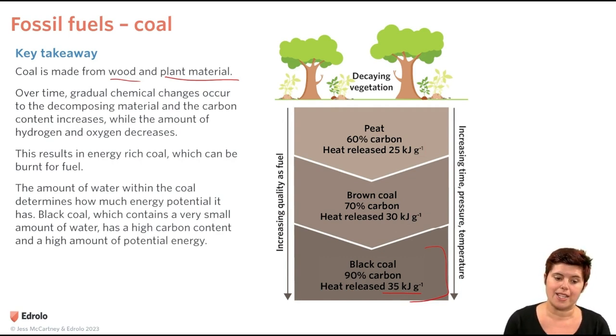So therefore, it has the highest amount of energy over the other coals. Now, as you're going up and you're going to peat, this is 60% carbon and the energy release is less. So when we're thinking about mining for coal, we obviously want to have this black coal because we get more energy out of it. However, as the reserves start to decrease, we are starting to pull out coal before it's becoming that black coal.